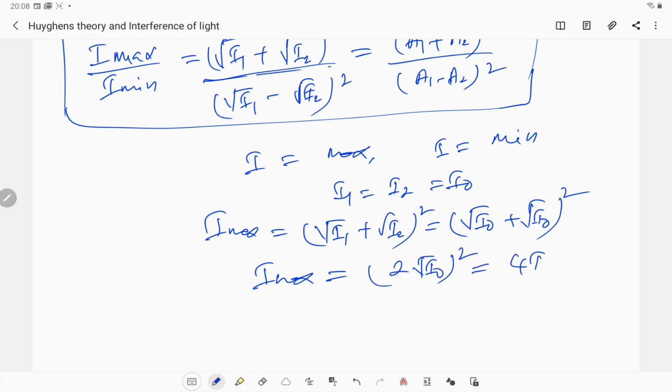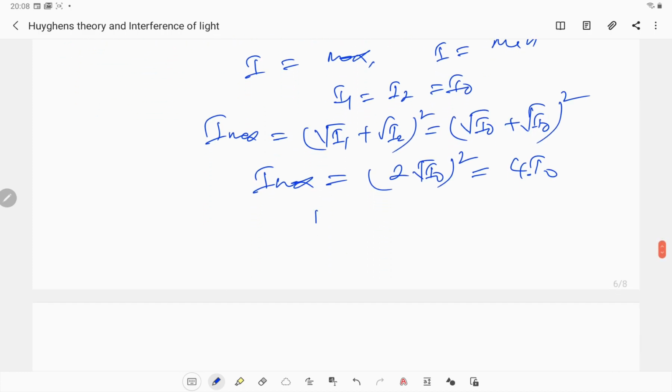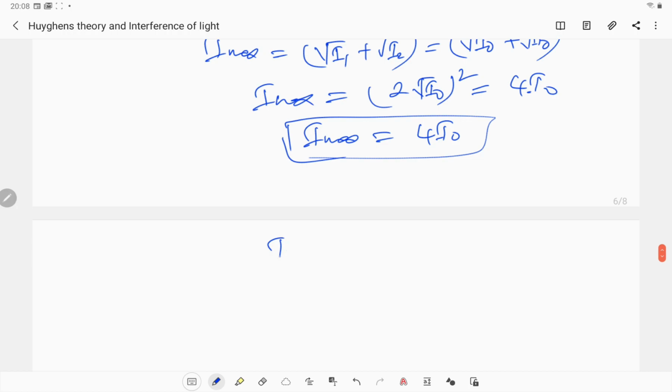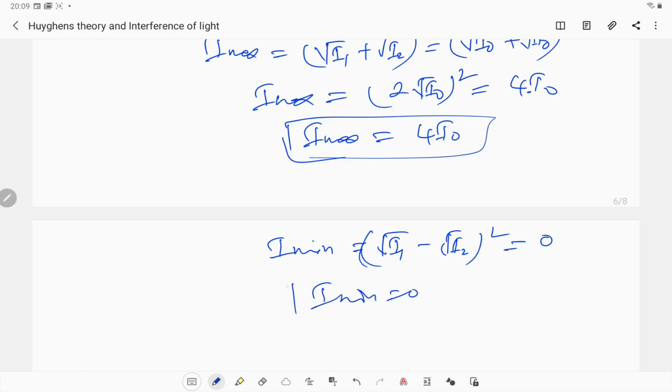This is 4 I naught. Therefore, I maximum is equal to 4 I naught. And also I minimum. I minimum is equal to (root I1 minus root I2) whole square. Here both root I1 are the same, therefore this becomes 0. Therefore I minimum is equal to 0.